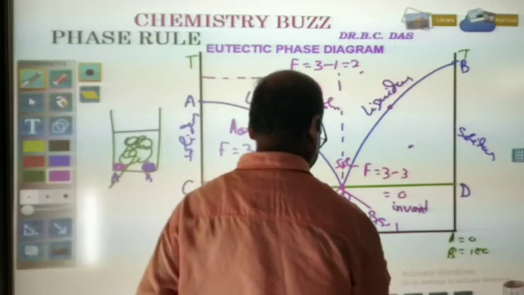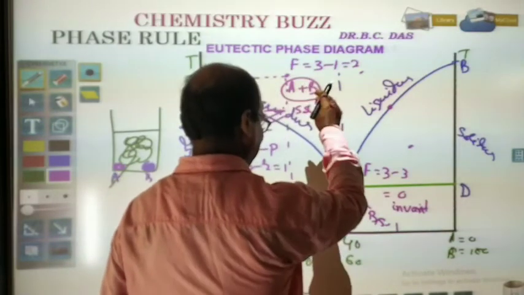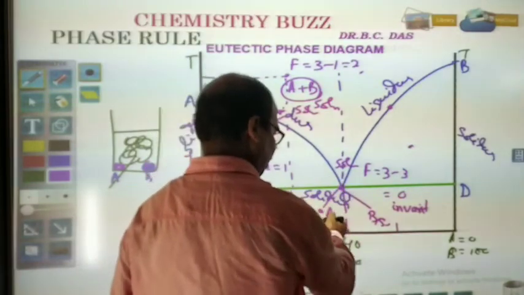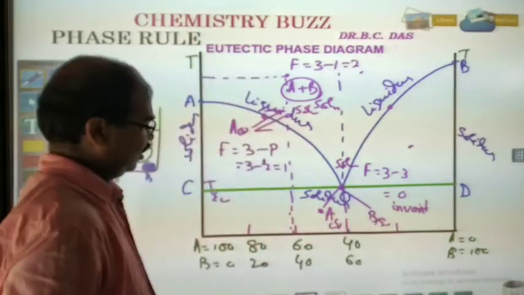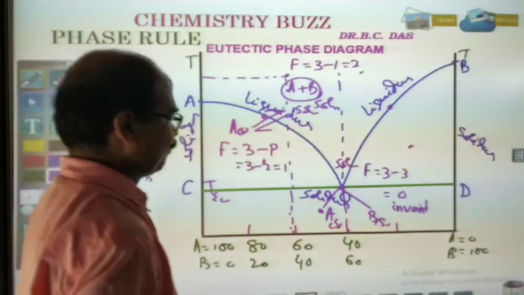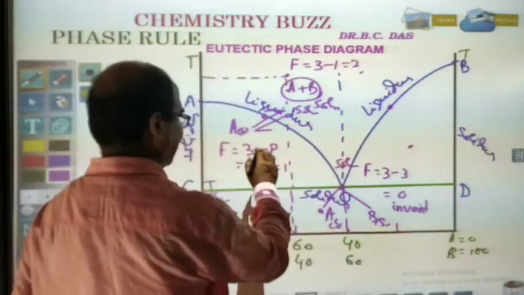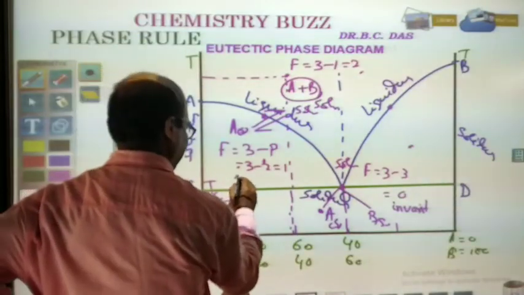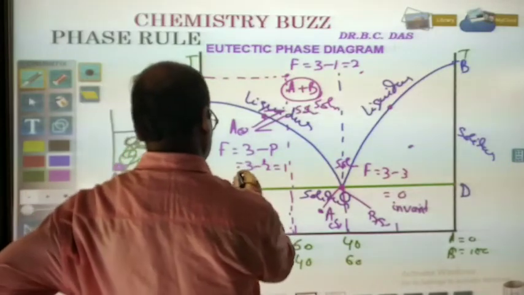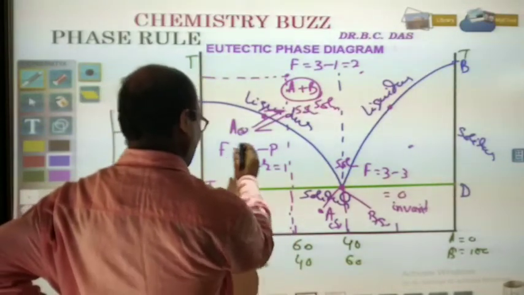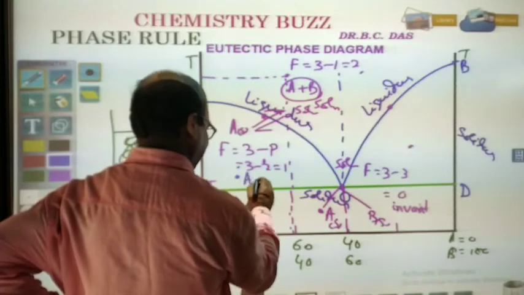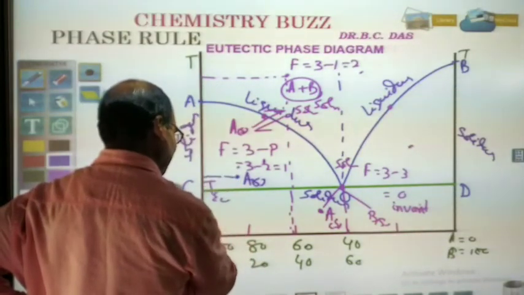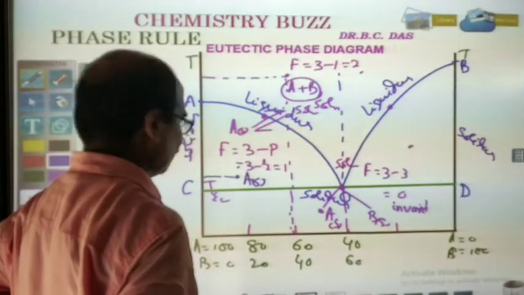So you may take this composition and heat it, then on cooling, at this temperature both solid A and solid B will start separating. Suppose we have taken another point, say here. At this point, no doubt it is in solid form, and this point corresponds to this temperature.